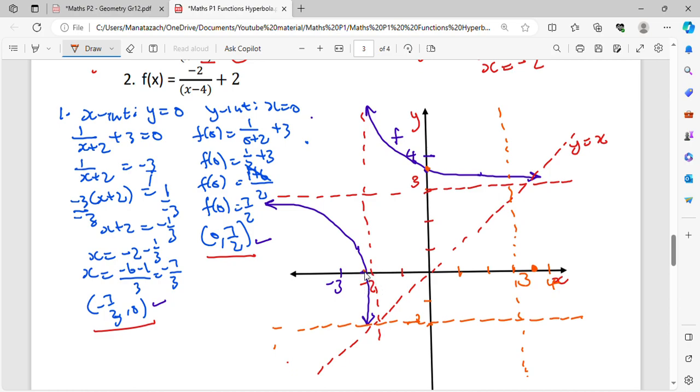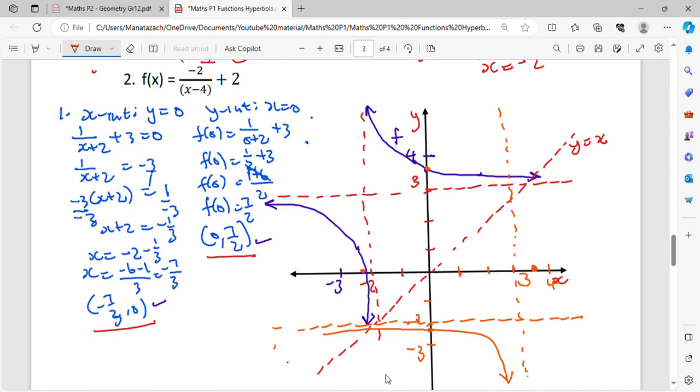And then the x-intercept likewise will become our y-intercept. This is minus 2.333. Now our function for the inverse will look something like this.